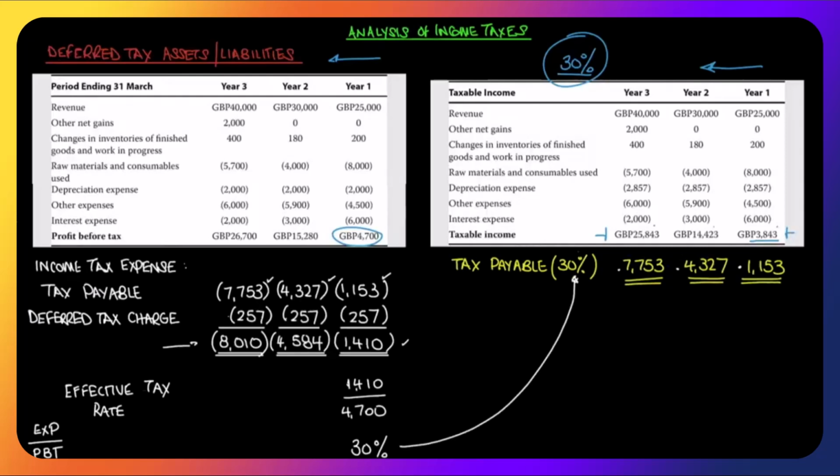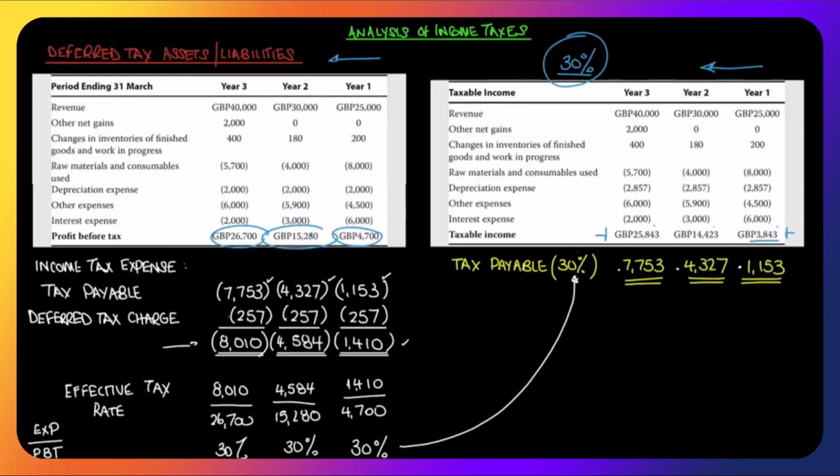In year 2, and you probably already guessed what's going to happen, we have tax expense of 4,584. We have profit before tax of 15,280. We have an effective tax rate of 30%. And in year 3, we have 8,010. We have profit before tax, 26,700. We have an effective tax rate of 30%.